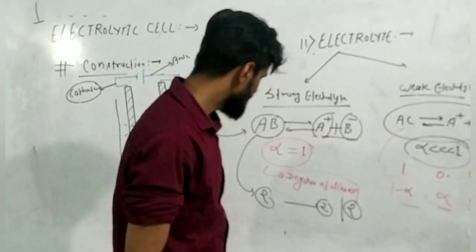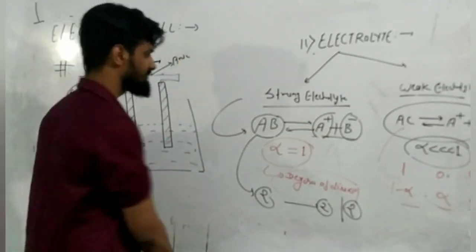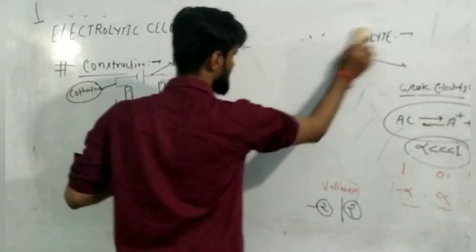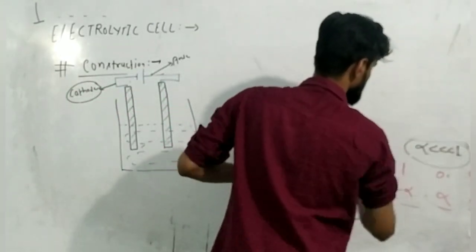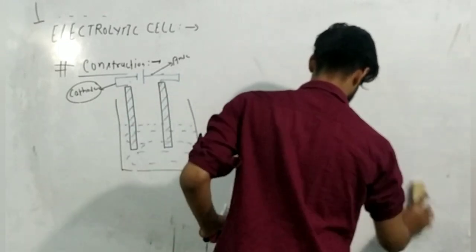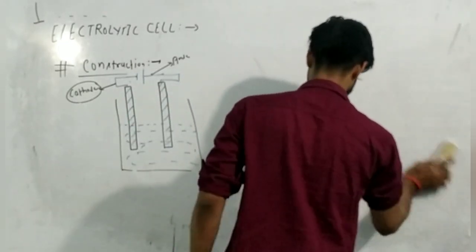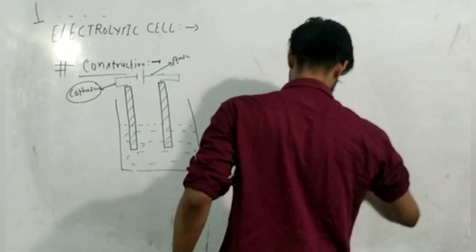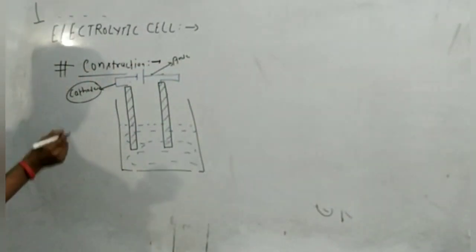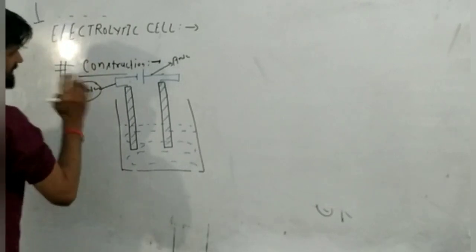Now, this was the part on the types of electrolyte. Now I am coming to the construction part of the electrolyte itself. There were these two things.